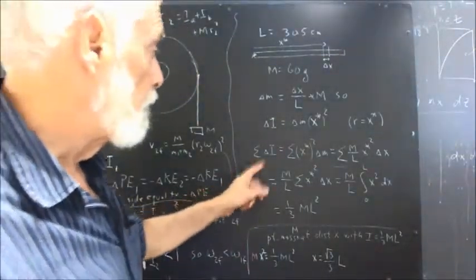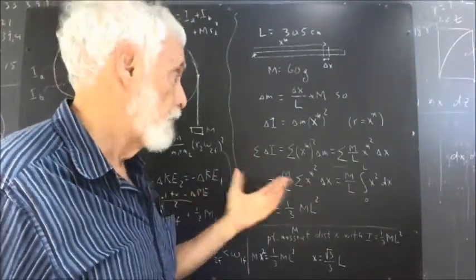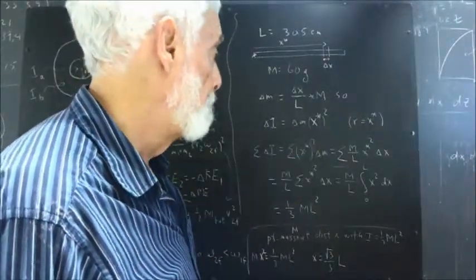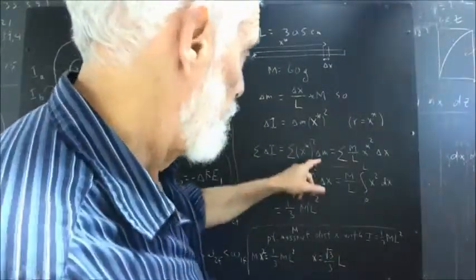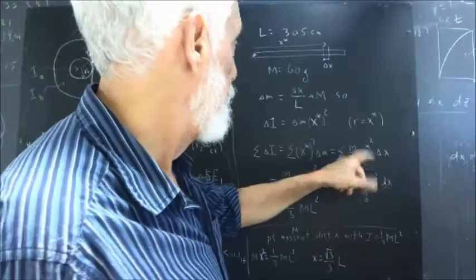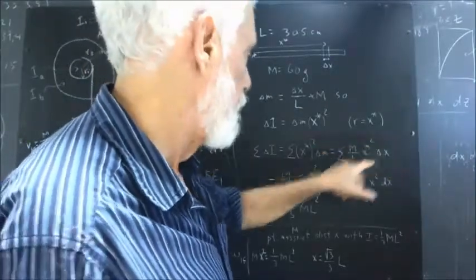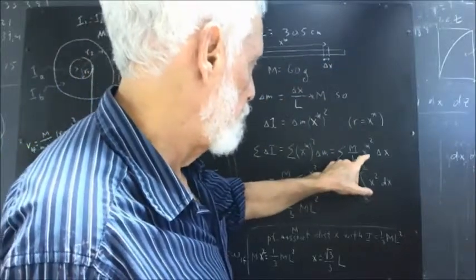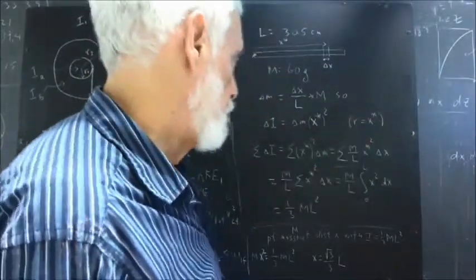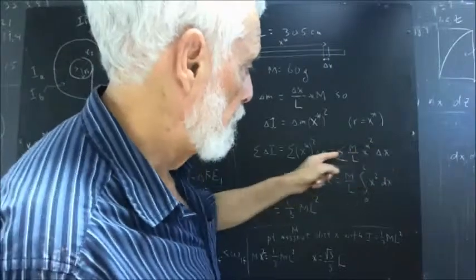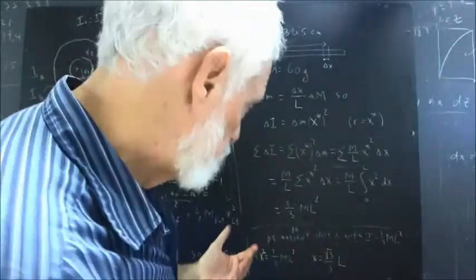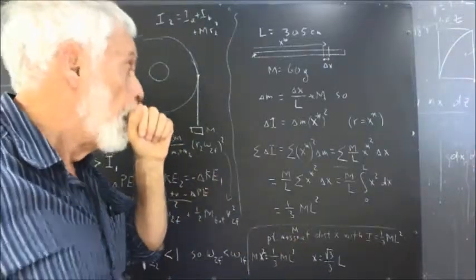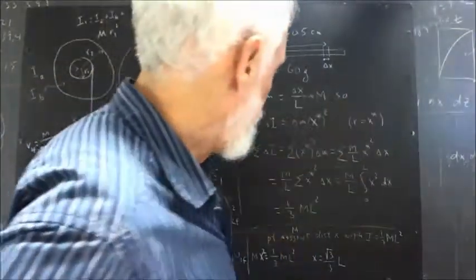So the sum of all the delta I's is going to be the sum of all the x star squared delta m, and the delta m is m delta x over L. I've rearranged that to put the x star squared in the middle. This is the order in which we want these terms when we take the limit to get our integral, just because everything looks better that way.